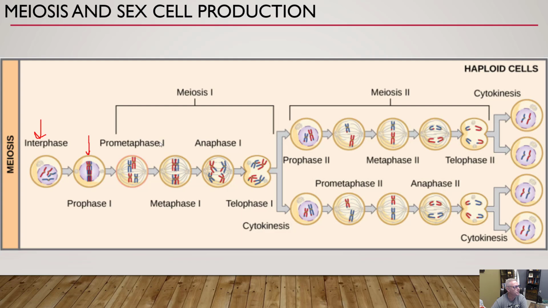Then in meiosis, we have prophase 1, metaphase, anaphase, telophase, and then in meiosis 2, prophase, metaphase, anaphase, telophase, so that we start out with one cell and we end up with 4 daughter cells that are not identical, not necessarily homologous, to the originating cell.